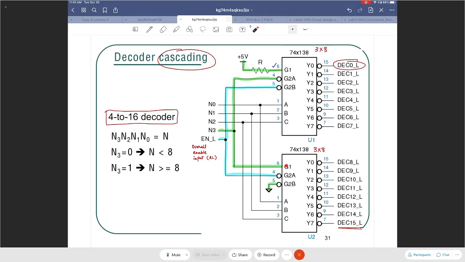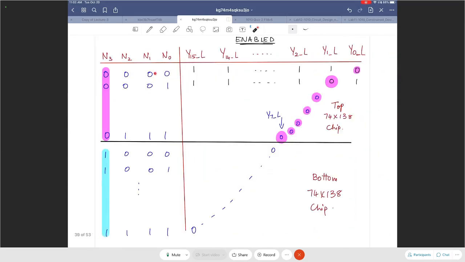That's exactly what we wanted, provided our overall enable signal is 0. And N0, N1, and N2, going from least significant to most significant, are common to both the chips. That's exactly what we wanted. 0, 0, 0 down to 1, 1, 1, and again 0, 0, 0 down to 1, 1, 1.